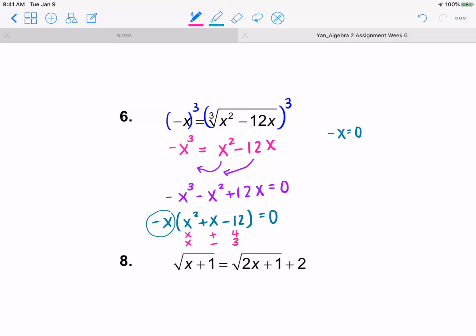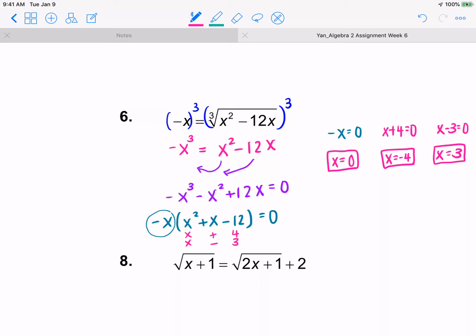With a negative 3 and positive 4. So I'm going to have x plus 4 equal to 0 and x minus 3 equal to 0. That means my final answers are going to be x equals 0, x equals negative 4, and x equals 3.